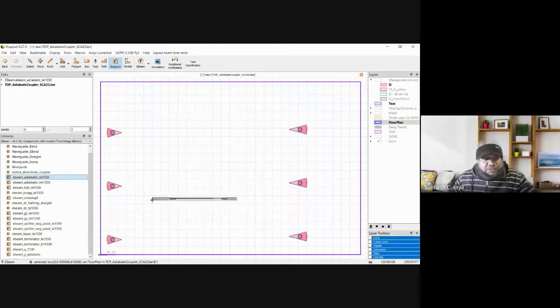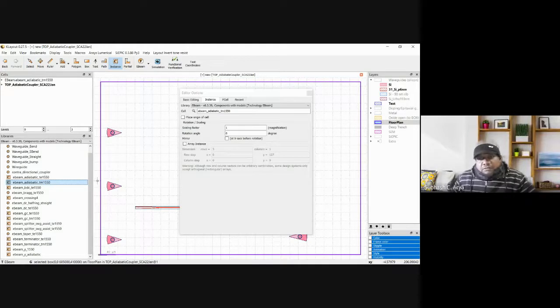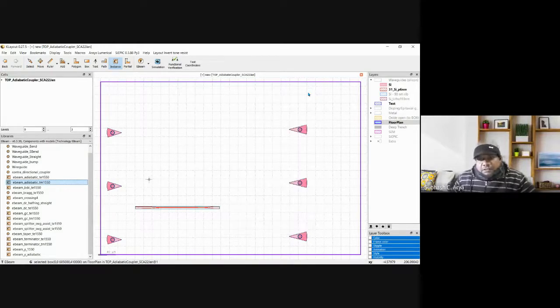So this is the TE mode adiabatic coupler. We'll put it here, press escape. I will take this TM mode one also. Now it is selected, and I will put it here. So right-hand side TM mode, left-hand side TE mode. So now we have considered the components.